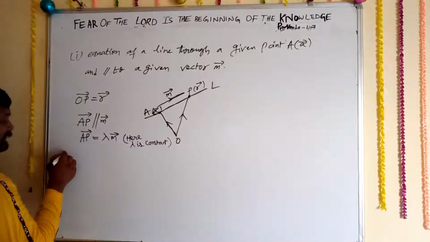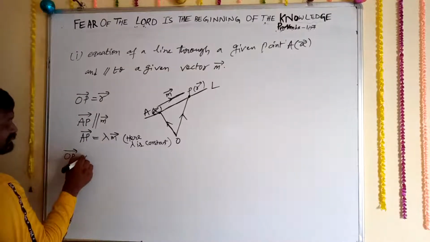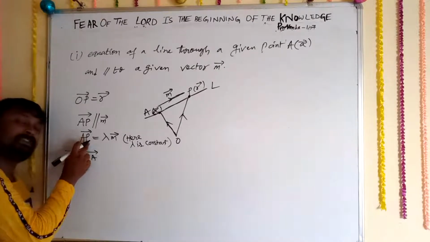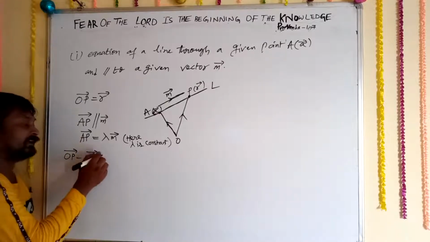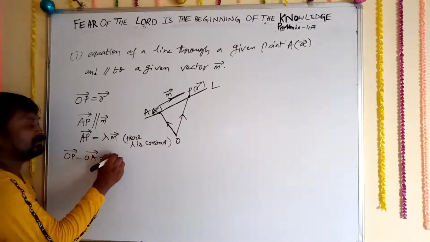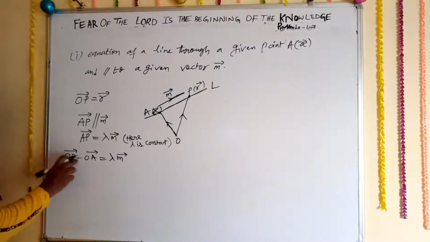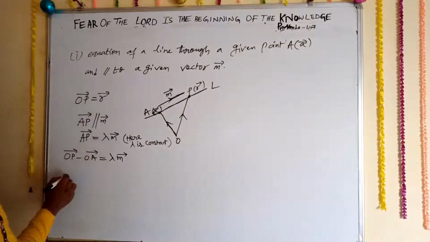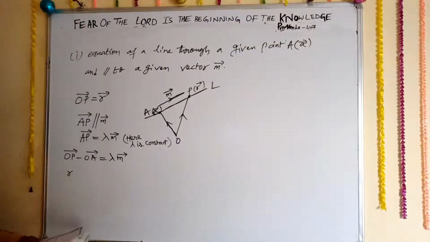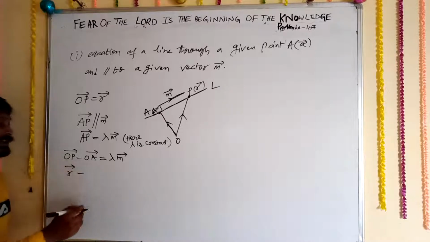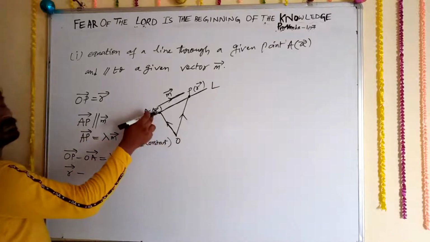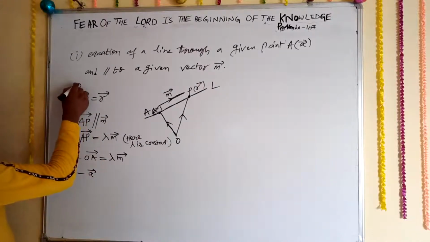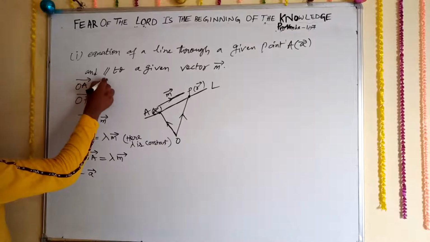AP means what can I write? OP vector minus OA vector. So position vector of P minus position vector of A is equal to lambda m vector. Now what is our OP? We took it as r. So we can write this as r vector minus OA, and OA vector is nothing but a vector.